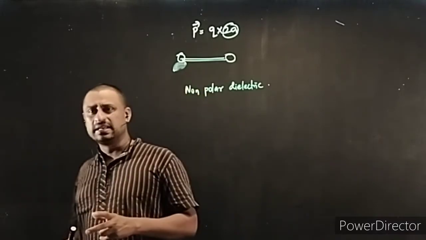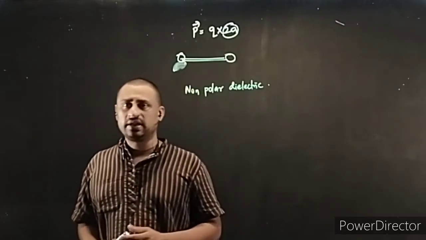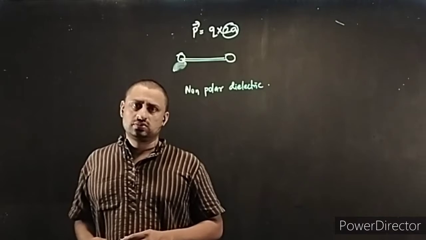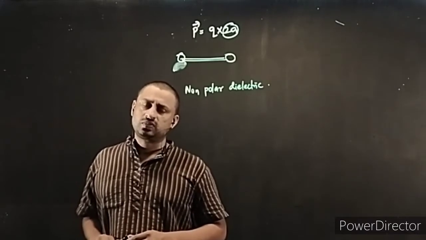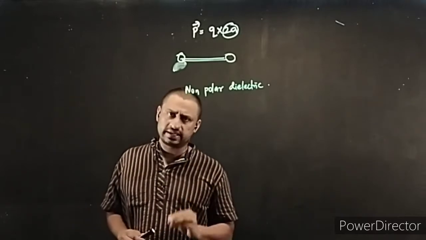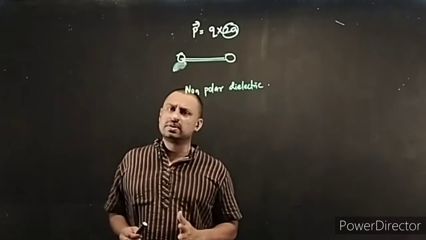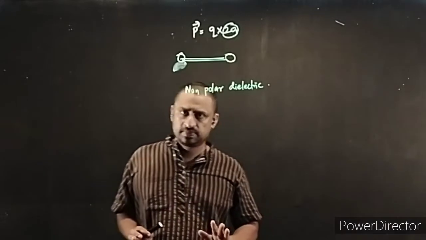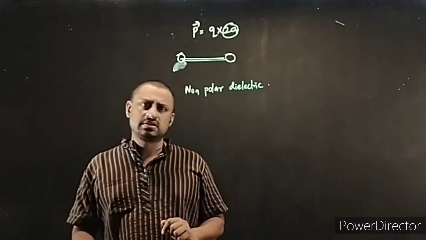While in case of HCl, NH3, H2O, water, the positive charge center and negative charge centers are not coinciding. So the dipole moment will not be 0. There will be a permanent dipole moment for it. I will say one more time.